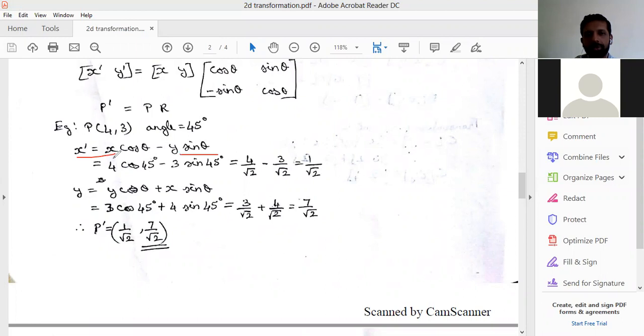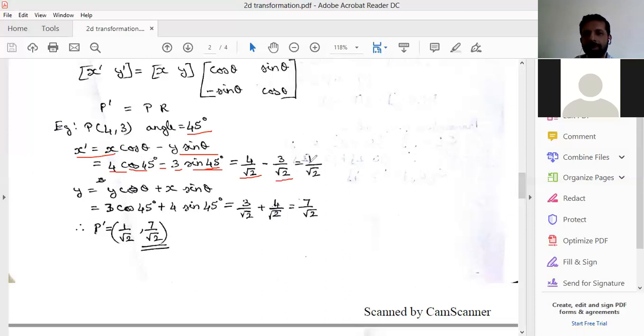So x value is 4, cos 45, minus y value is 3, sin 45. So now if we rewrite this, cos 45 is nothing but 1 by root 2, sin 45 is also 1 by root 2. So 4 into 1 by root 2 is going to be 4 by root 2 minus 3 into 1 by root 2 is going to be 3 by root 2.